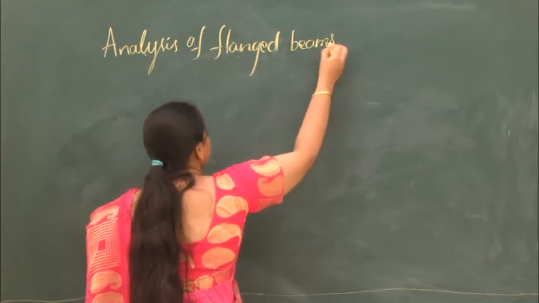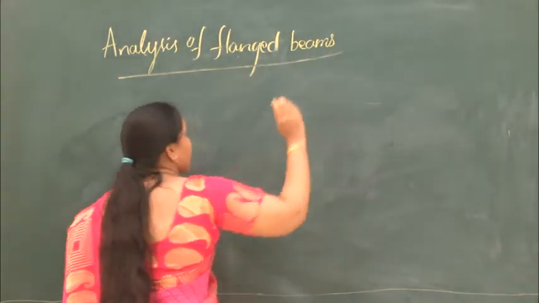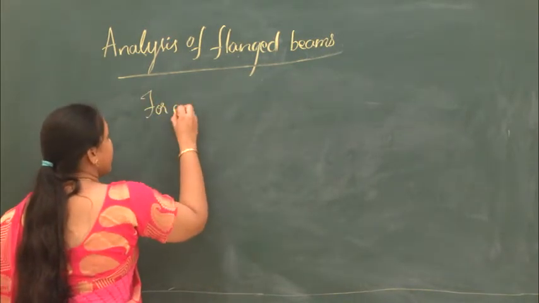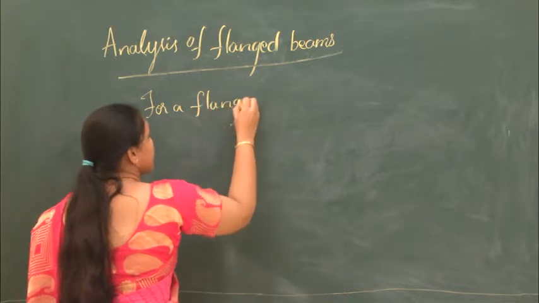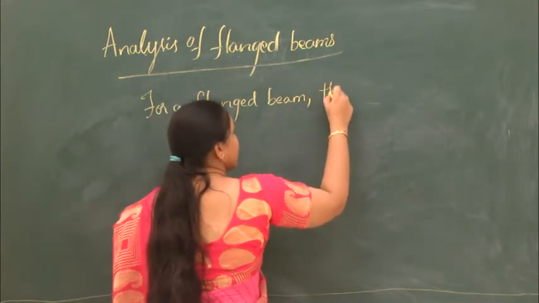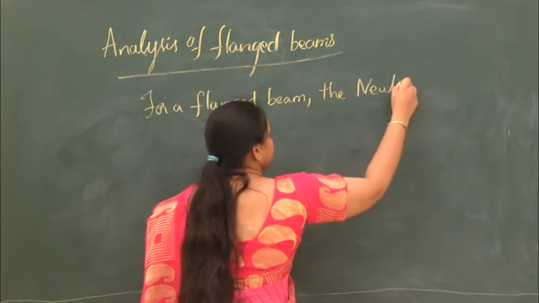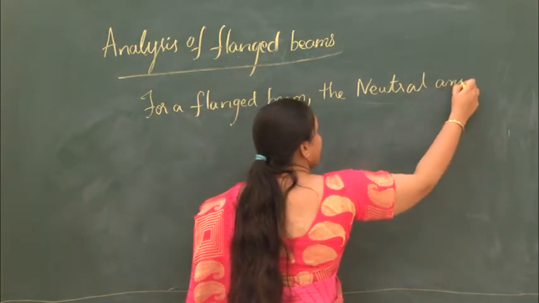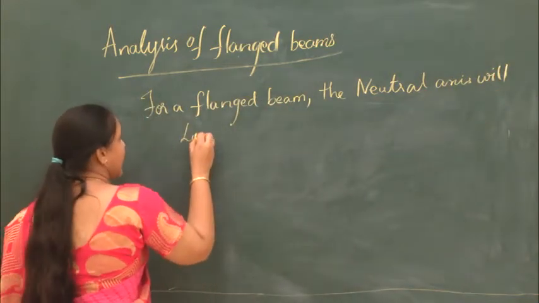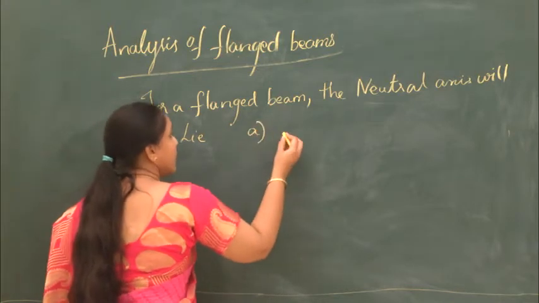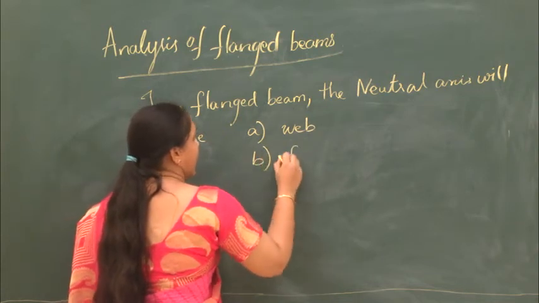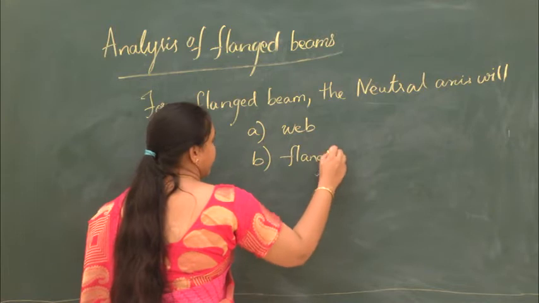The analysis of flanged beams. So, for a flanged beam, the neutral axis will lie either in the web or in the flange.